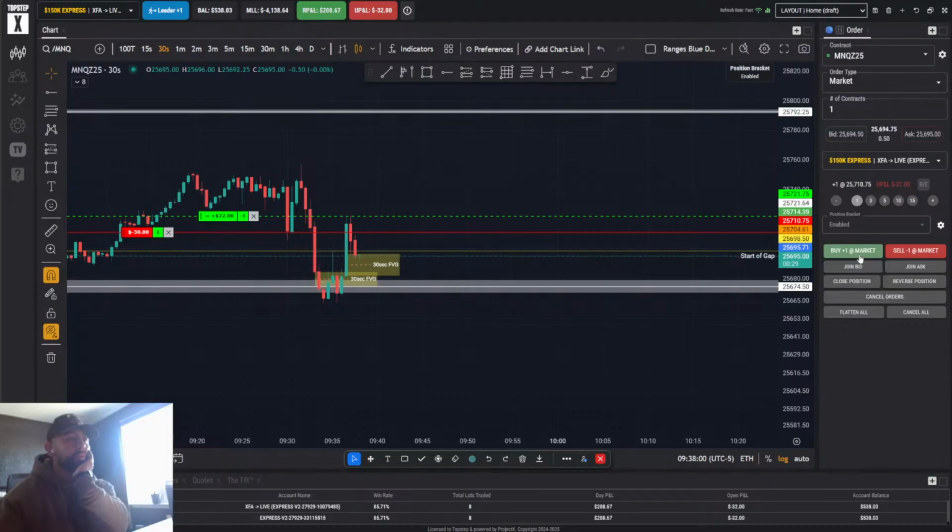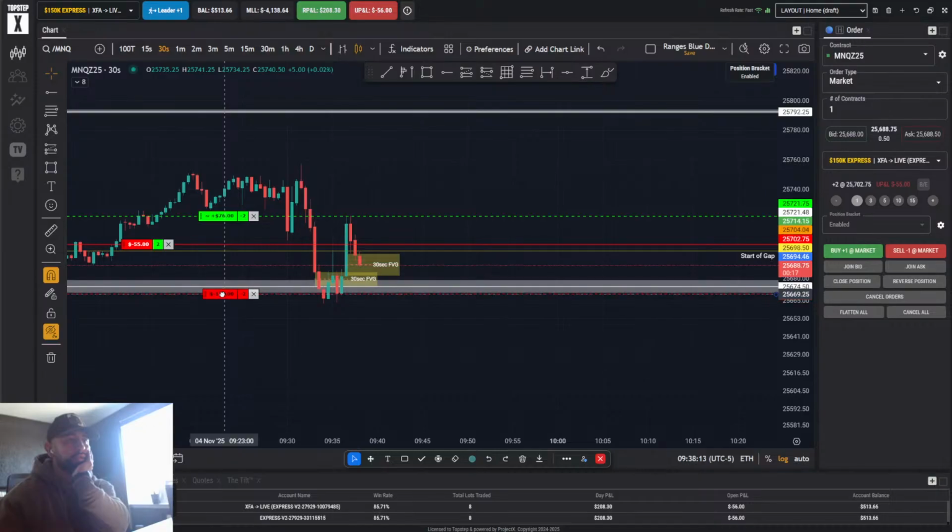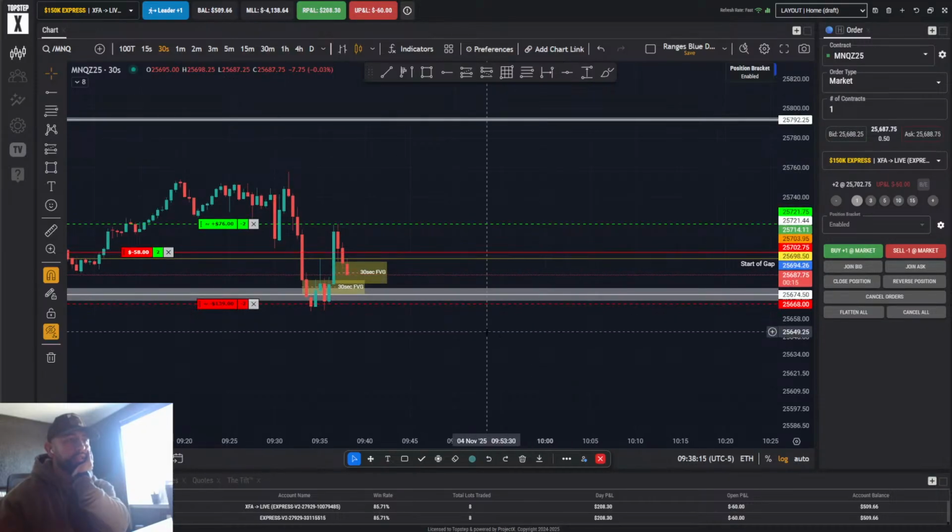I want to see one more pop up here. Order filled. Risking about $30 here.